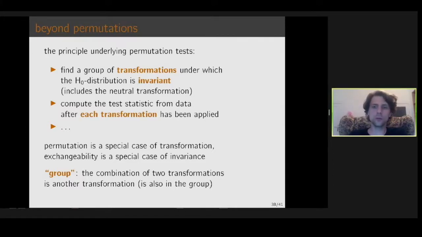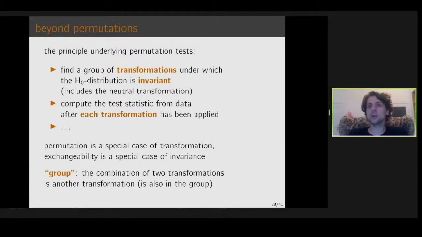This also includes the neutral transformation, leaving the dataset unchanged. Secondly, the test statistic has to be computed from the data after each transformation has been applied. And framed this way, permutation is just a special case of transformation, and exchangeability is just a special case of invariance. What I mean by group of transformations here is that the combination of two transformations is again another transformation.